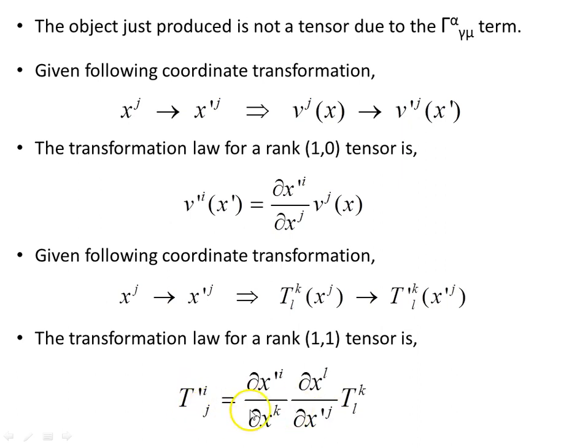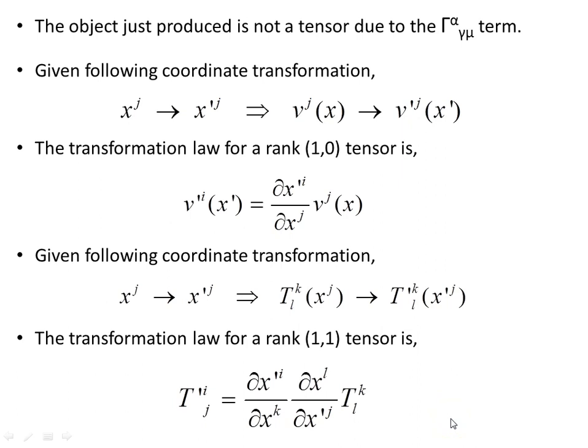Over here gives us the prime here, dx prime i gives us this one here, and the k up here, the k down here, the l down there, the l up here, the i is on top because it's on top over here, and underneath the j is down here. That's the prime j. Alright, so 1 up, 1 down.